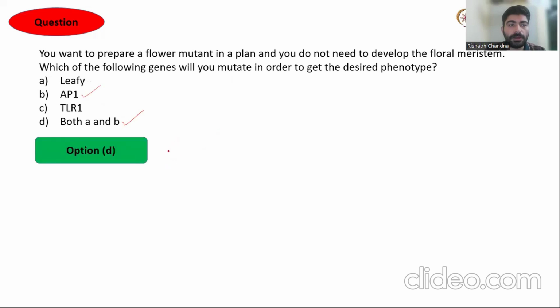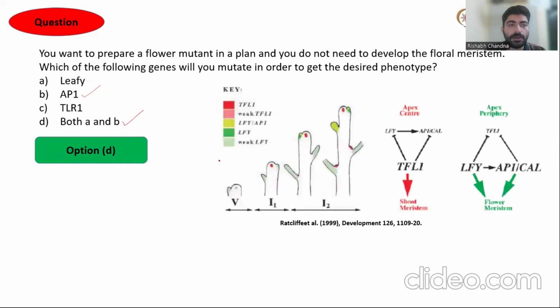So the correct answer is option D, and the explanation is here. As we know, TFL1 is an inhibitor of the floral meristem, but it helps in maintenance of the shoot meristem. And both LEAFY and AP1 are inhibitors of TFL1, and they promote the development of the floral meristem.